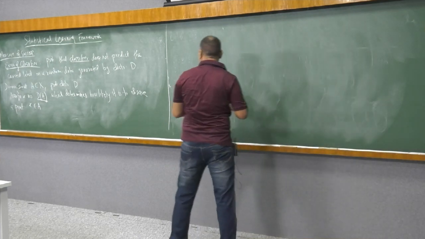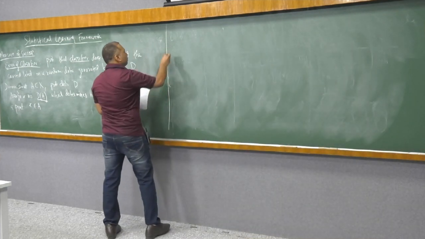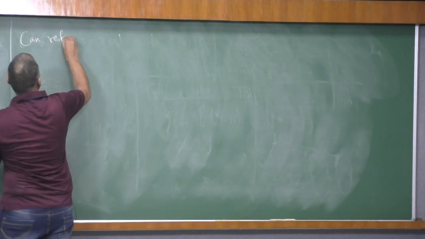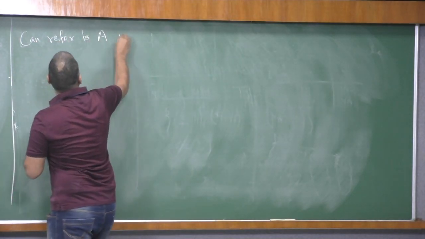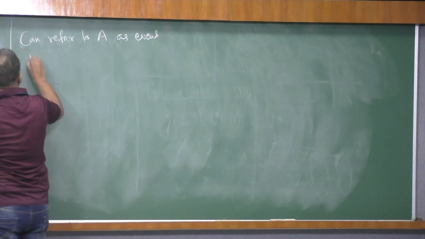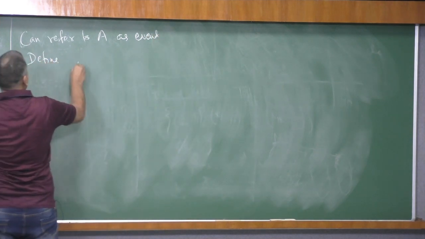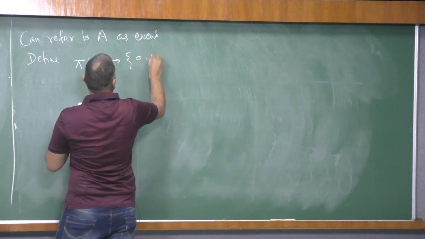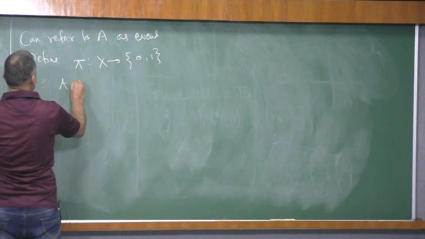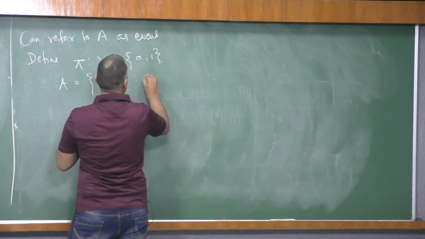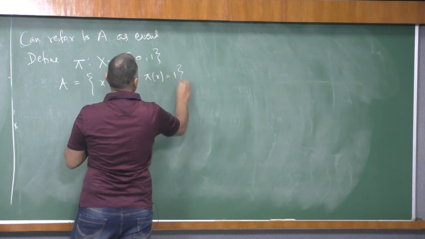Here we can refer to A as an event as follows. Define pi from X to {0, 1}, then A will be the set of all x in X such that pi(x) is 1.